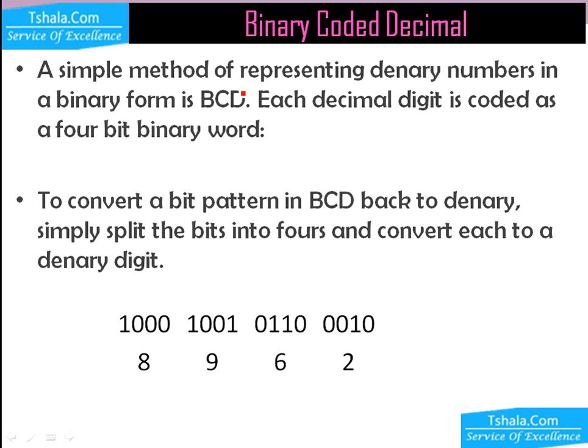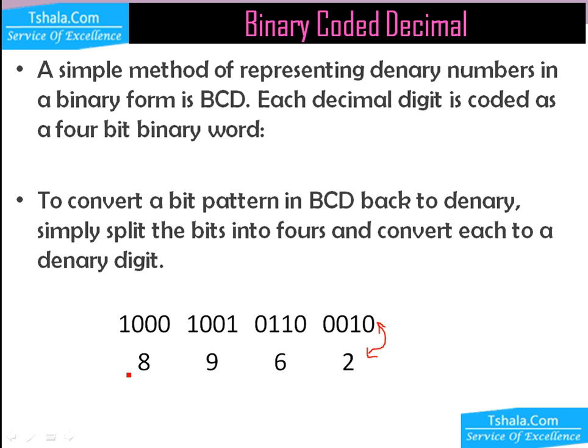Now in this case, with this one, that is the 4 bits in binary, and this is the 2 in decimal.